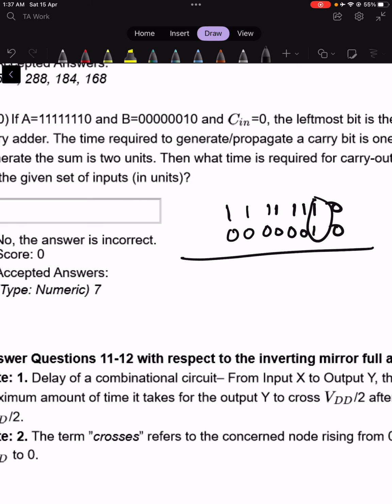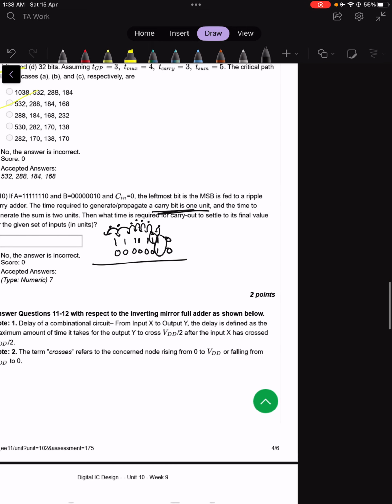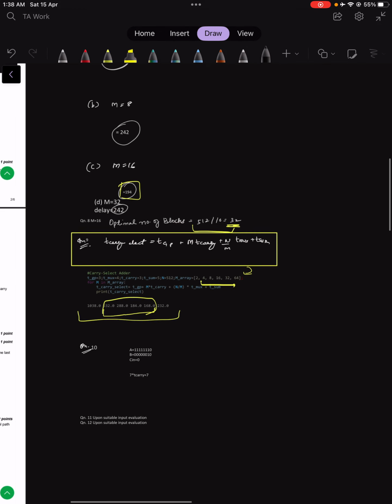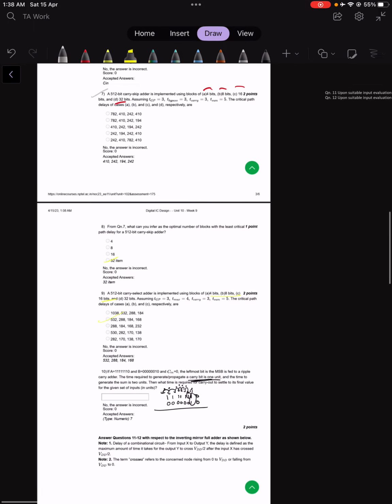When you add these two up, the carry of this will go and sit on the next one, the carry of that again on the next, and so on, and finally it will propagate there. So it is 1, 2, 3, 4, 5, 6 and 7. Given that the carry bit is 1 unit, you have 7 times 1, which is as shown over here, which is 7.